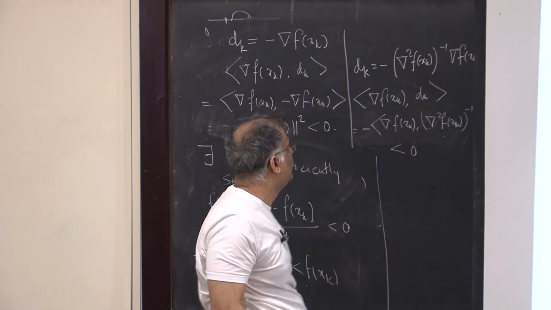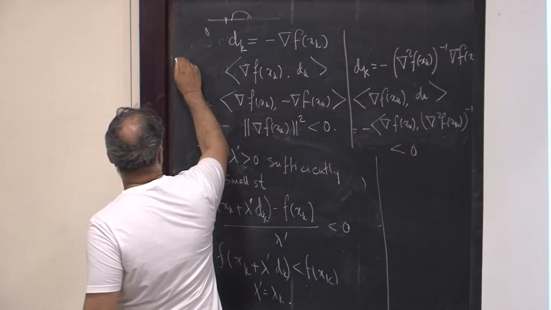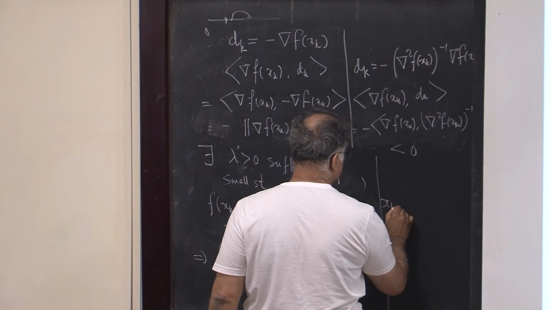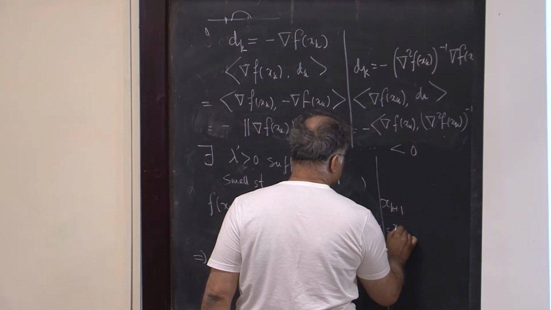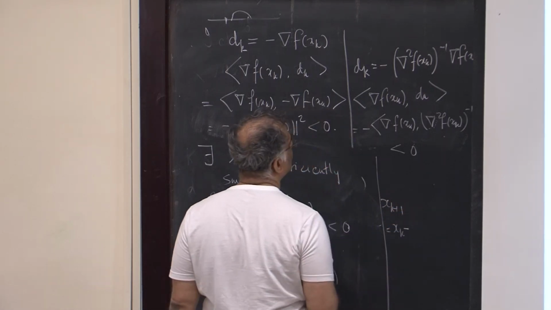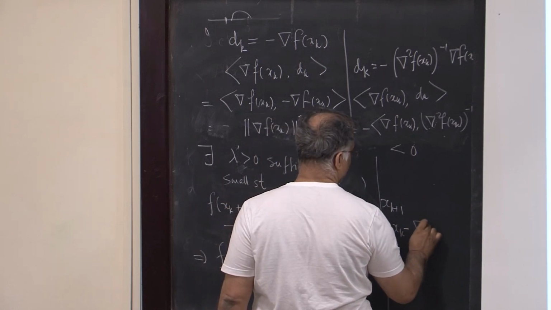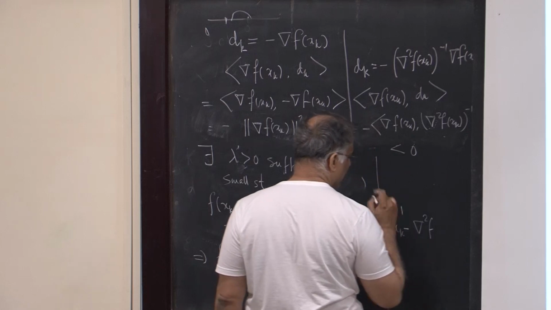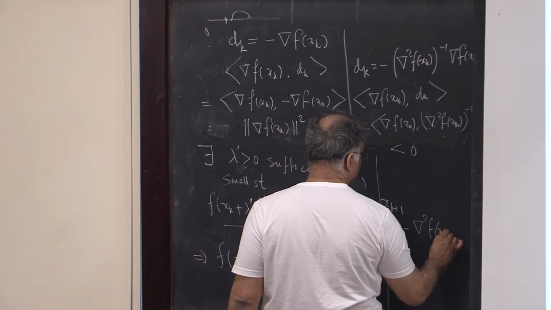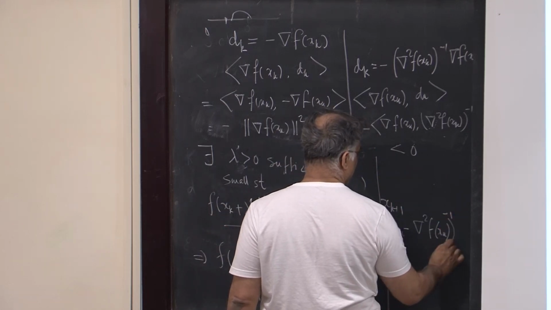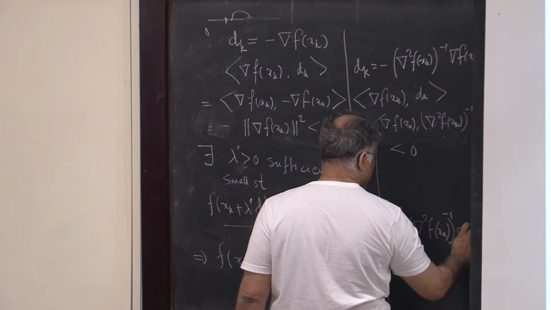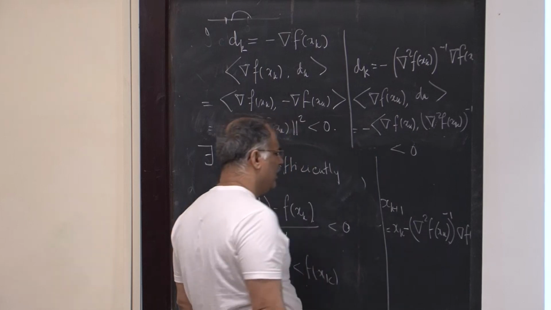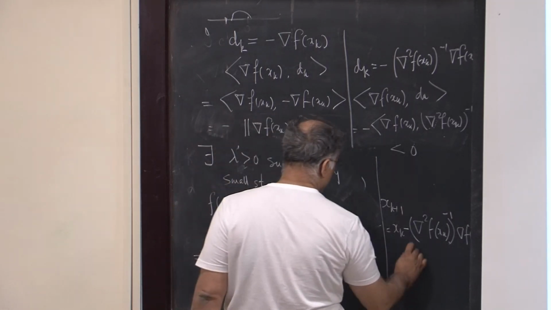So, the Newton method simply has a form like this: xk plus 1 is equal to xk plus dk, basically lambda is 1, that is called the pure Newton method, minus the inverse of this matrix into grad f(xk). So, this will give you Newton's method.